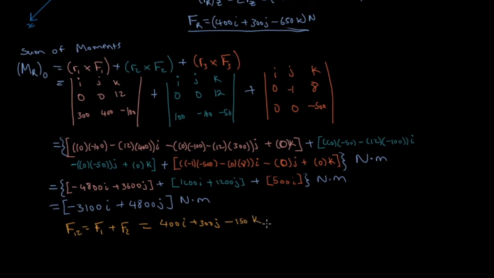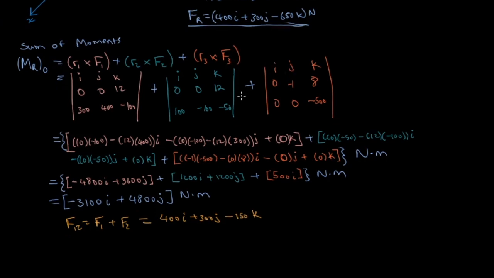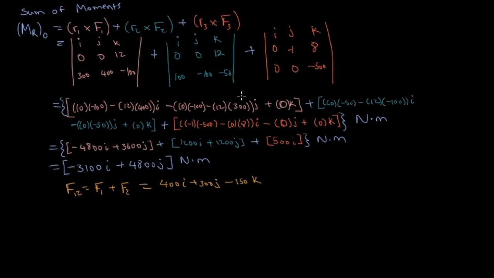So that when we do our cross products now, instead of doing 3 separate ones, we'll just do 2.